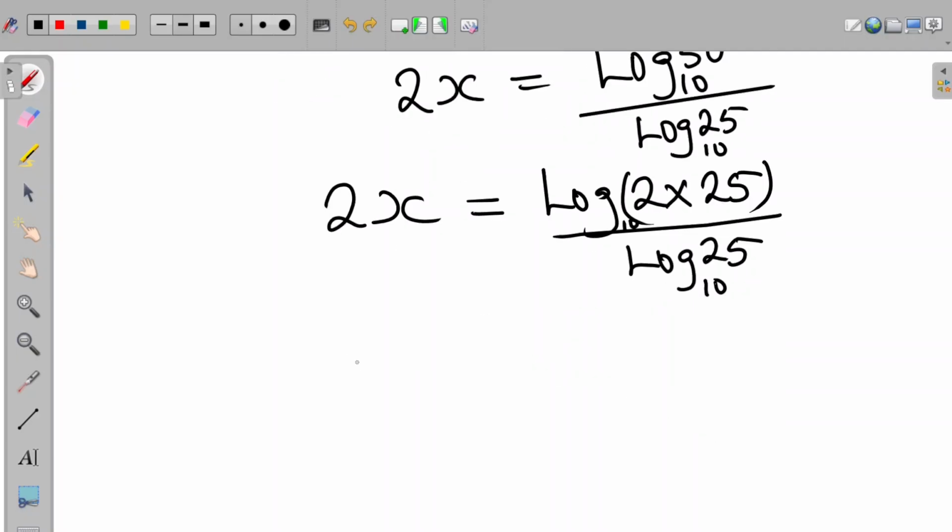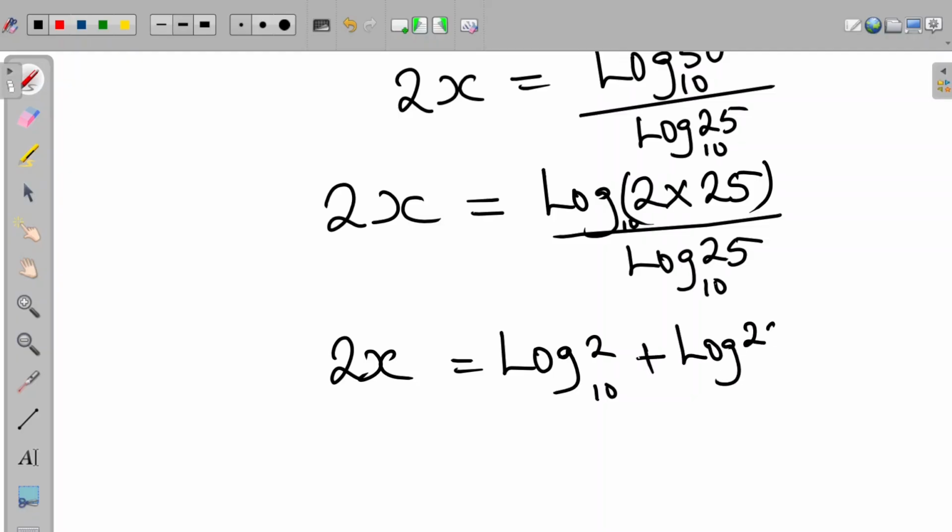Now the right hand side can be expressed further as 2x equal to log 2 to base 10 plus log 25 to base 10, all divided by log 25 to base 10.